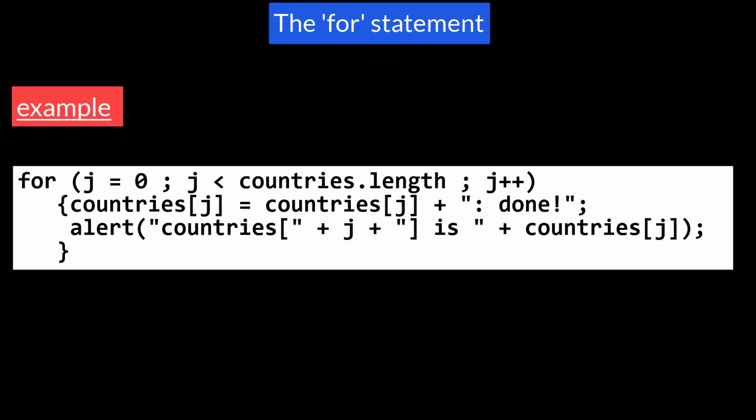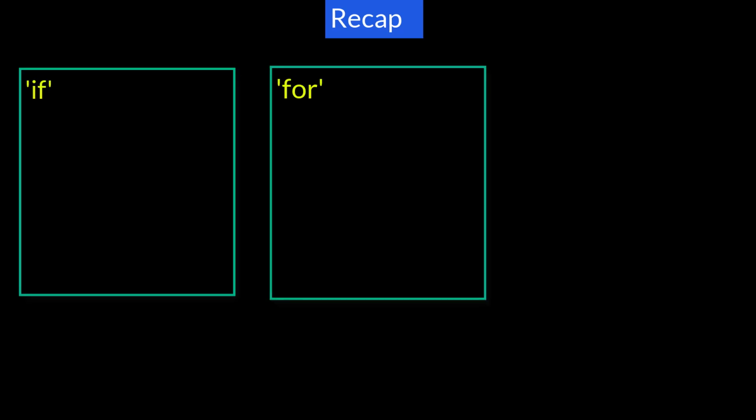Then we concatenate the plus sign, the current value of j. Then we concatenate the literal right bracket space is space. Then we add the value of the element countries j. Tricky punctuation.